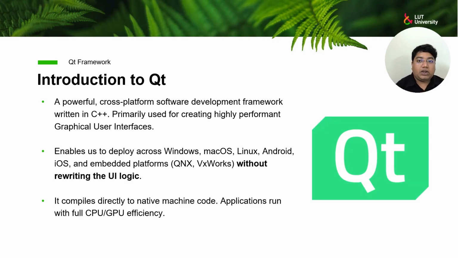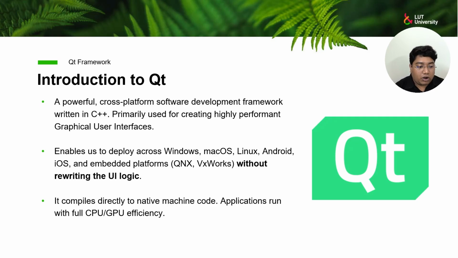Now let's meet the framework that we will be using throughout this lecture. Qt, pronounced "cute," is a cross-platform application framework written in C++. Normally, if you wanted the same application to run on Windows, macOS, and Linux, you would need to rewrite large parts of the software using different operating system APIs.